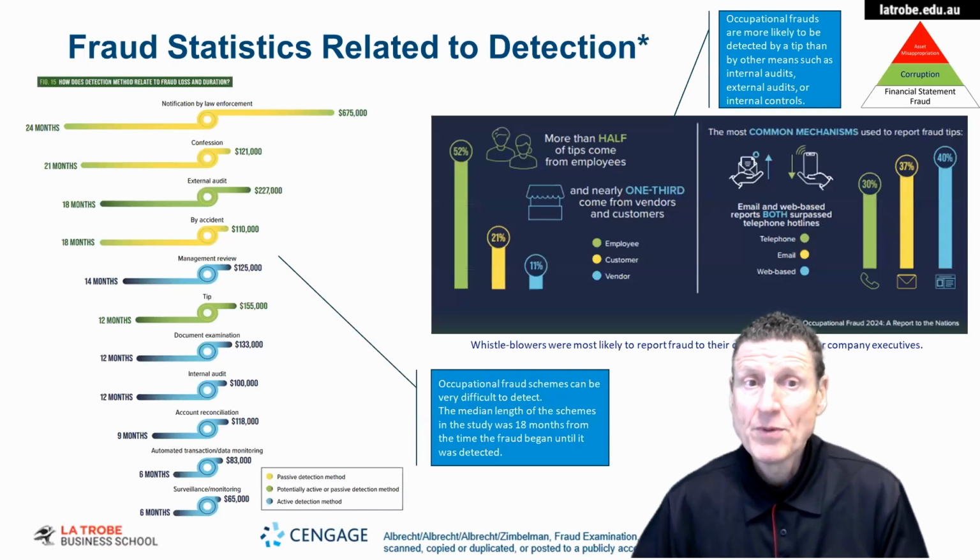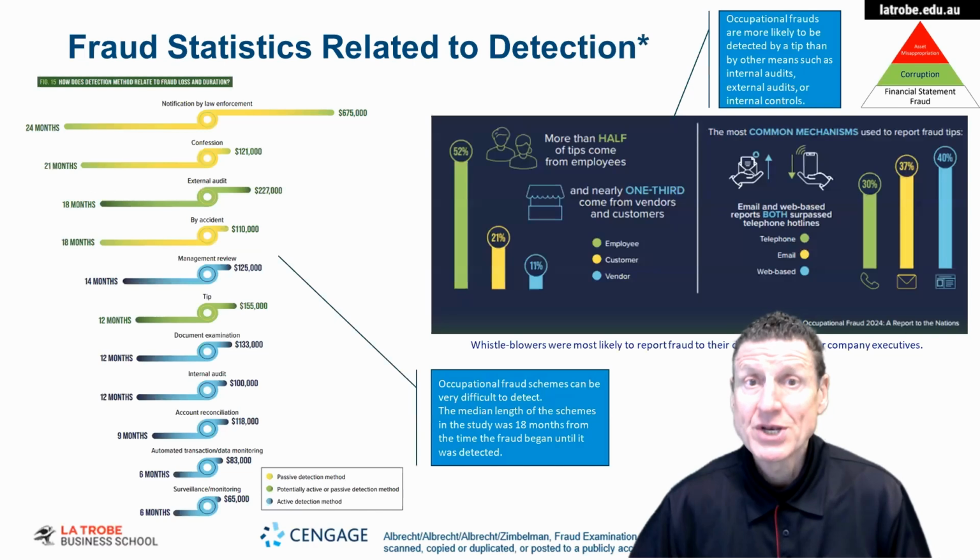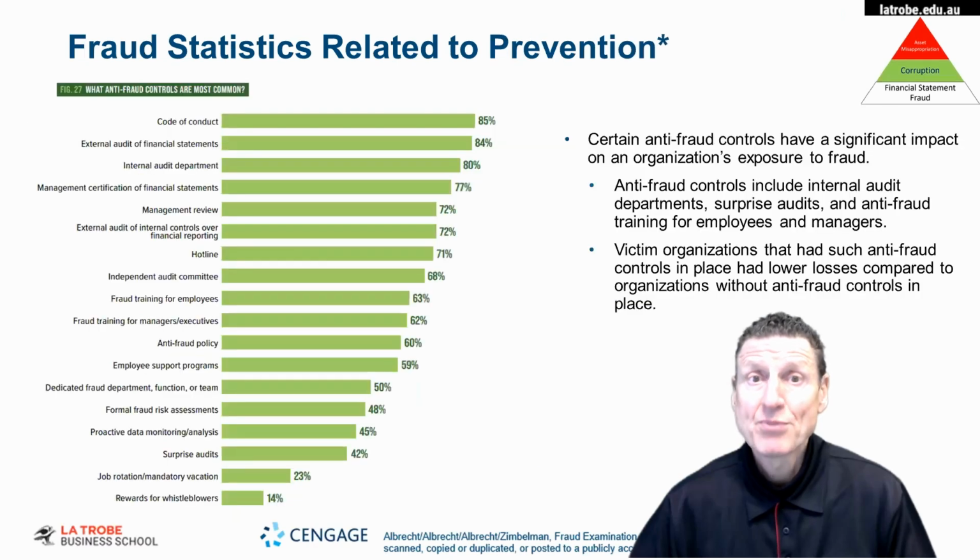And then with management review, by accident and so forth, it takes longer for the fraud to be detected. So this ties back into Learning Modules 4 and 5, where we looked at prevention and detection. I haven't mentioned prevention yet. That is the next slide. Detection comes after prevention, so let's move on to prevention.